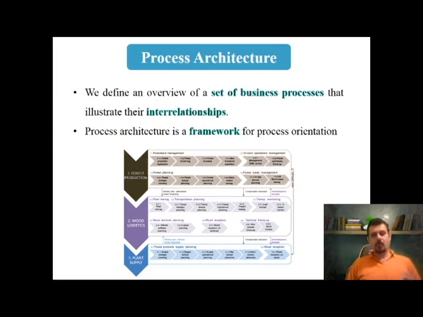So now we know process architecture is very important for us, and it helps us create a big picture, an overview of anything that would happen in our organization, because process architecture consists of a set of business processes and their relationships.